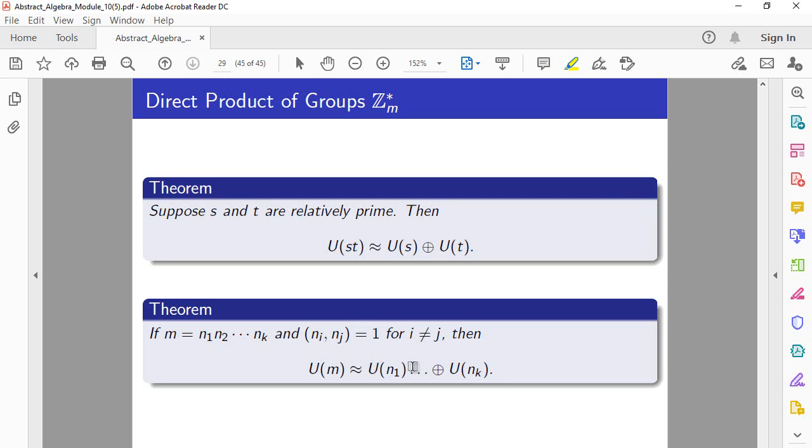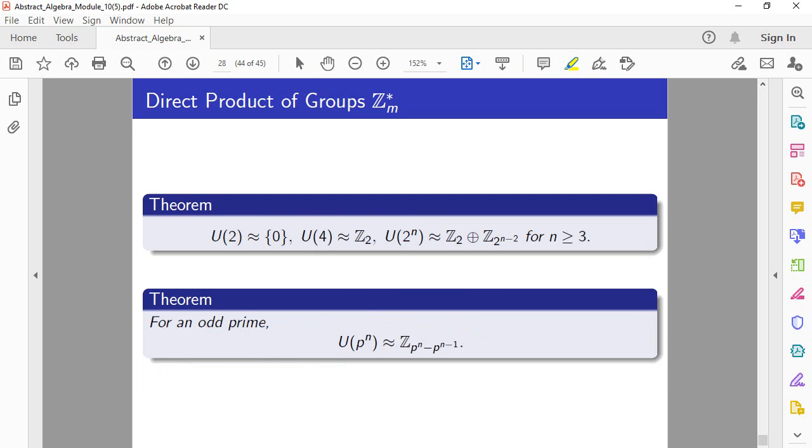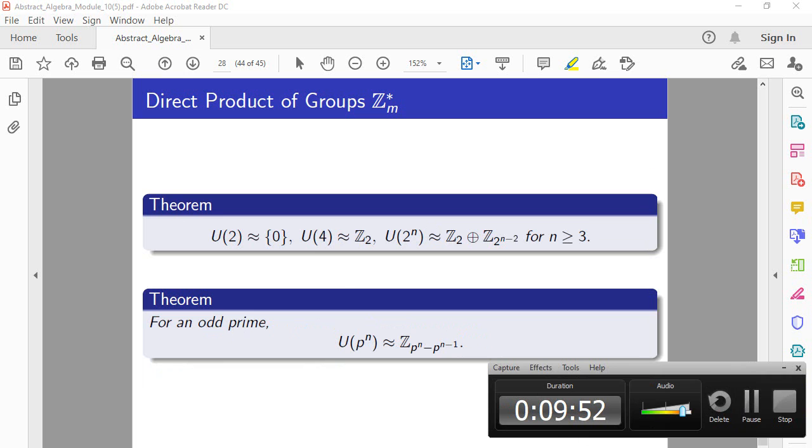Once again, the direct sum notation is used when the individual groups are abelian groups. This is just the external direct product of these groups. Okay, so that's it. This is the end of this module.